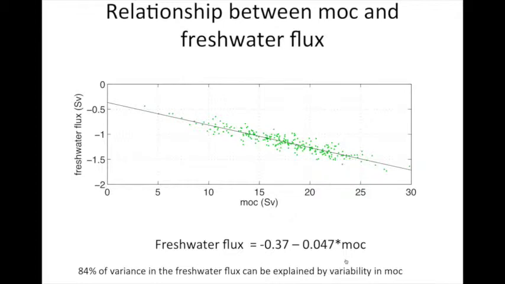So with increasing overturning circulation, you're sending more salinity northwards, and so more freshwater southwards. This is the relationship, so that for every 1 Sverdrup increase in the MOC, you get a more southward freshwater flux of 0.047. This describes 84% of the variance in the freshwater flux in the MOC.